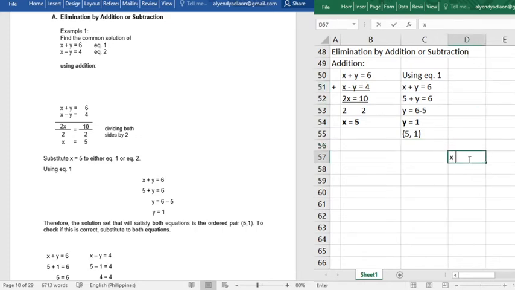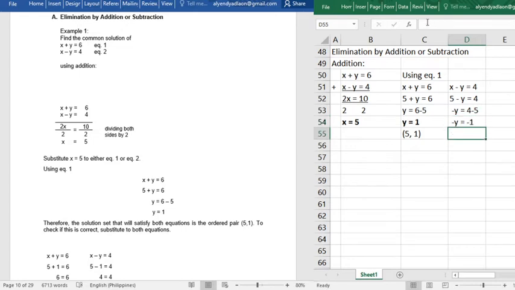So we have x minus y equals 4. We have x as 5, minus y equals 4. So we have negative y equals 4 minus 5. So that is negative y equals negative 1.